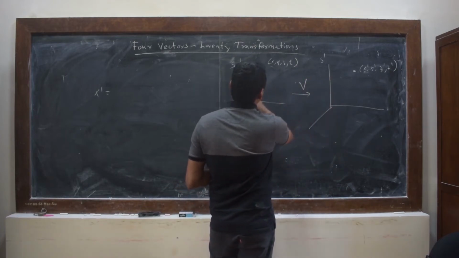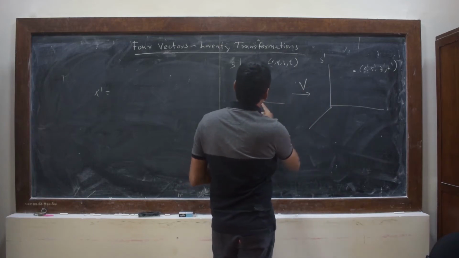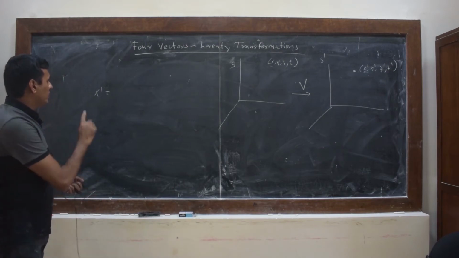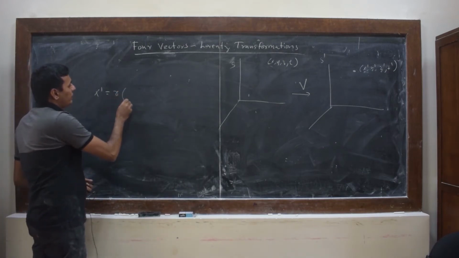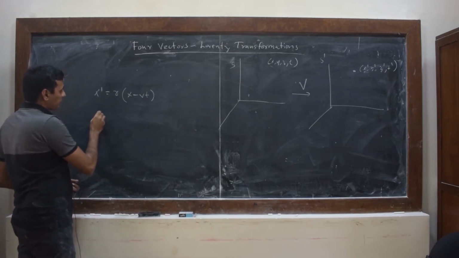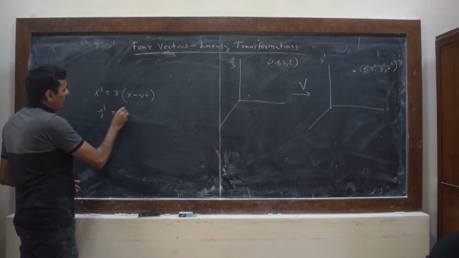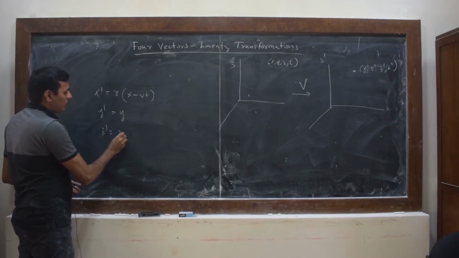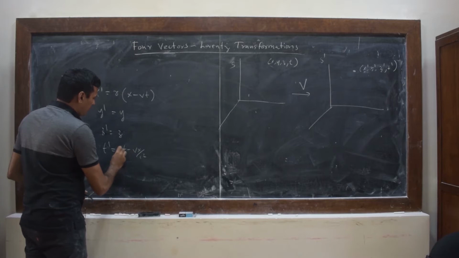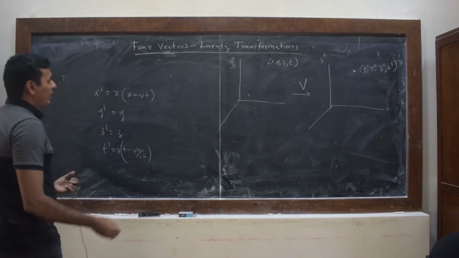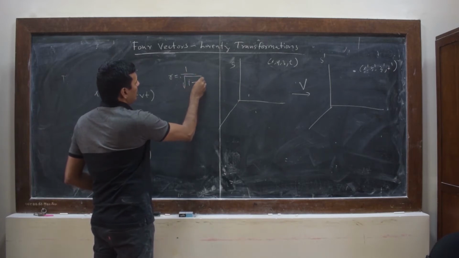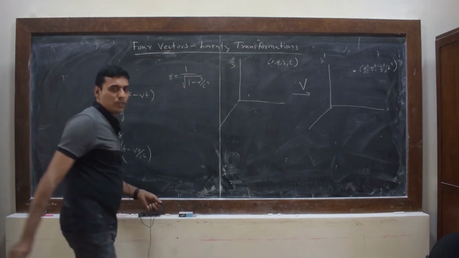S prime moves with respect to S with a velocity v to the right, in the x direction. So x prime is equal to gamma into (x minus vt), y prime is equal to y, z prime is equal to z, and t prime is equal to gamma into (t minus vx by c square), where gamma is equal to 1 by square root of 1 minus v square by c square, and c is the velocity of light.